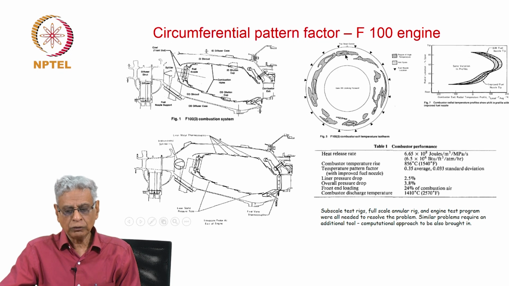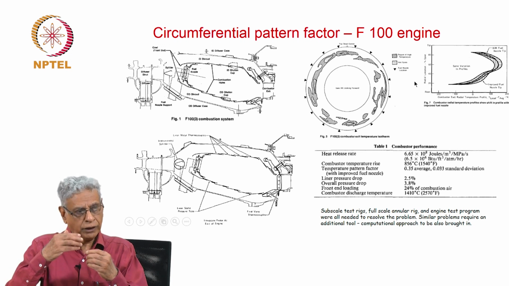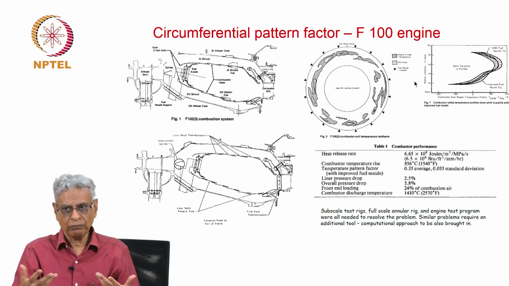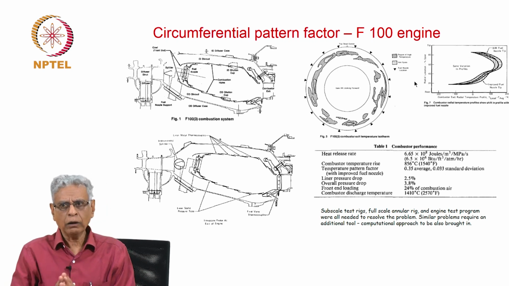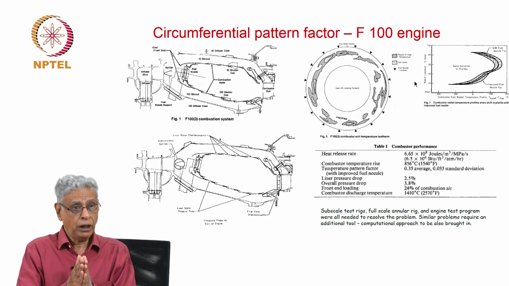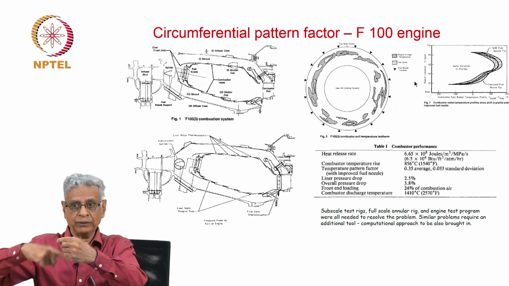You will discover the so called pattern factor, which is, what is pattern factor? It is essentially the peak temperature in the zone divided by some kind of a mean. You can define it precisely later, but essentially it is the variation of temperature across the turbine blade. This is over the chord, it can also occur over the circumference.